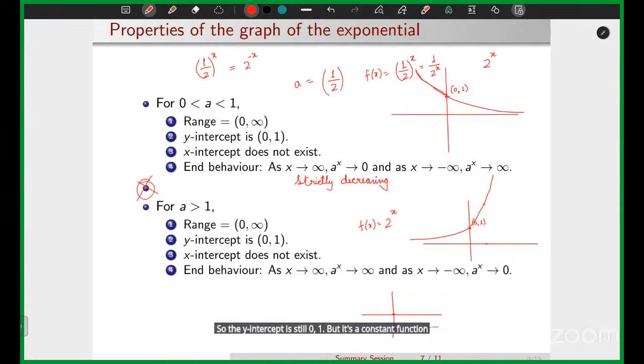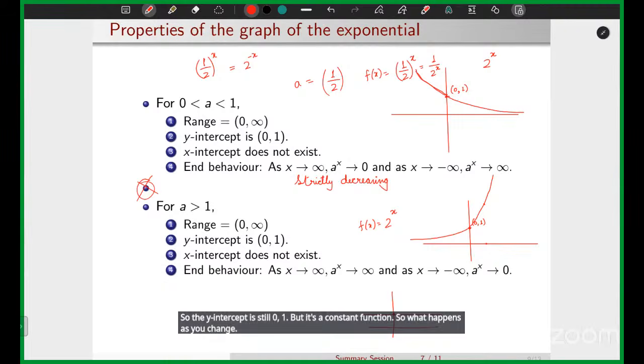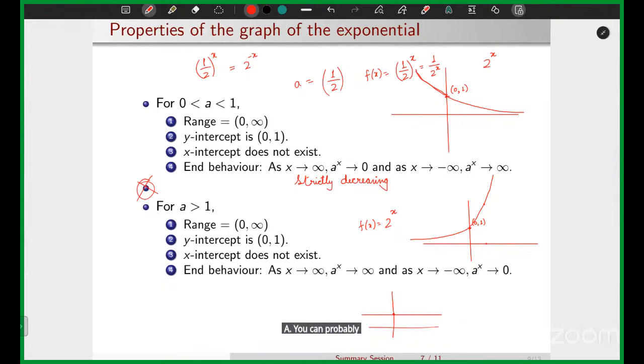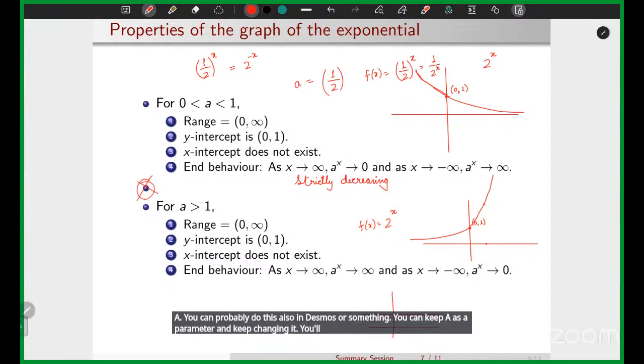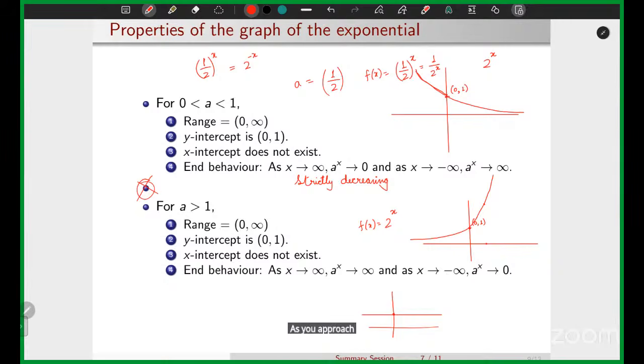So what happens as you change a? You can probably do this also in Desmos or something. You can keep a as a parameter and keep changing it. You'll see that as you approach 1, the nature of the graph, when you're close to 0, it probably flattens out like this as you approach 1, and then it starts going like this.